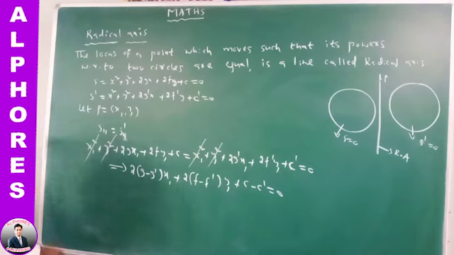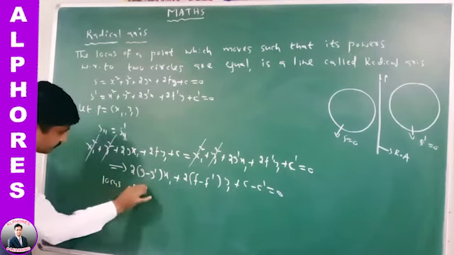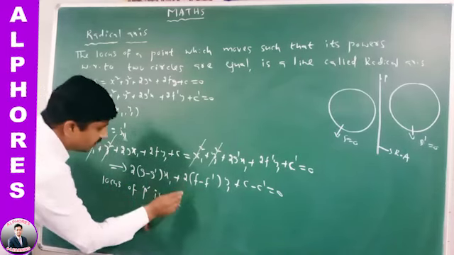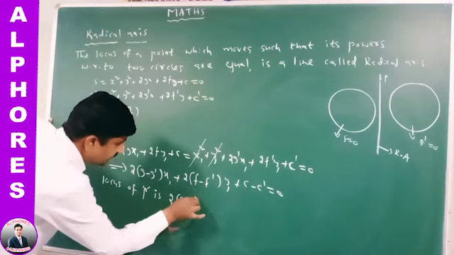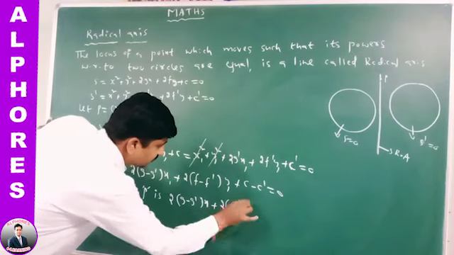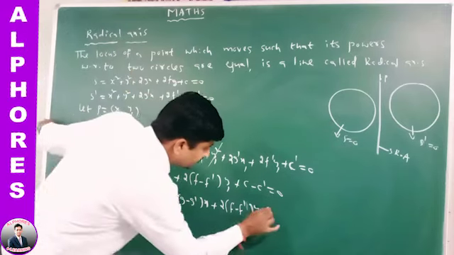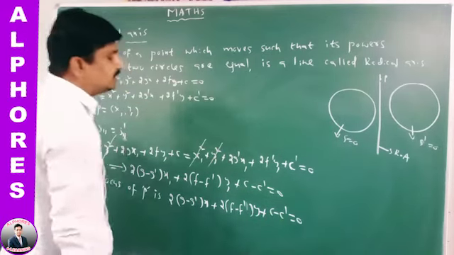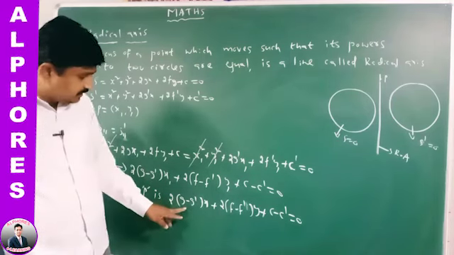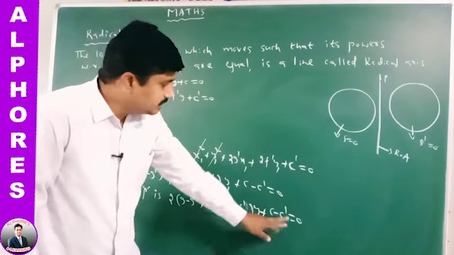Now the locus of P is 2 of g minus g dash into x, plus 2 of f minus f dash into y, plus c minus c dash equal to 0.